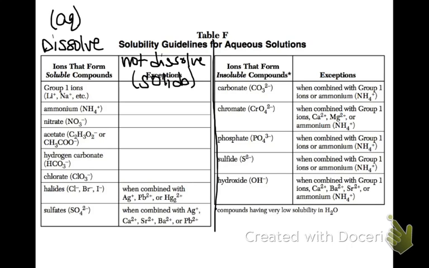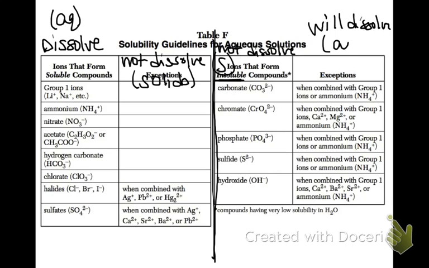And then if the regions had more room, they probably would have made this into one table in general, but we can actually see over here we have insoluble compounds here, meaning that they won't dissolve, and that these form solids. And that's supposed to be an S there for solid. The exceptions will dissolve, and these will be aqueous.